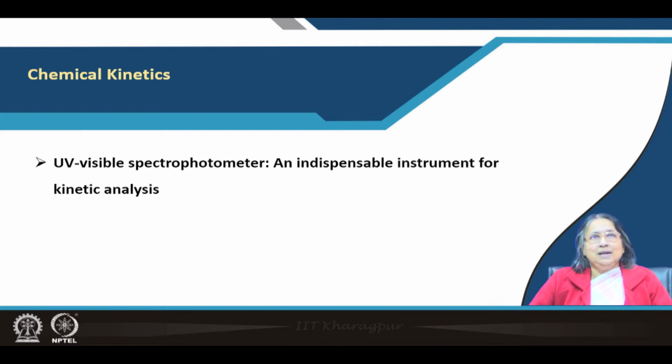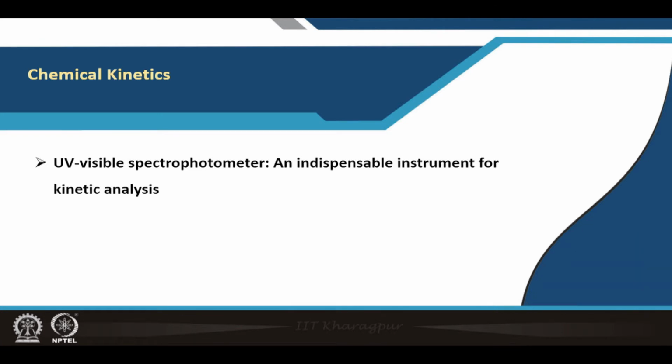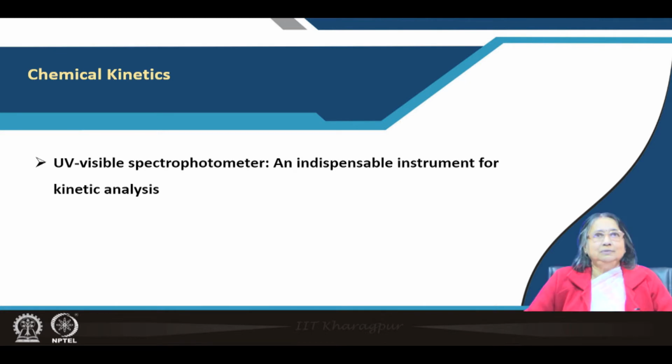Here I will show you the practical way we can determine the order. You know that the UV-visible spectrophotometer is a very common and cheap instrument, which is present in every lab, research lab, and MSc or MTech lab. It is a very useful instrument.